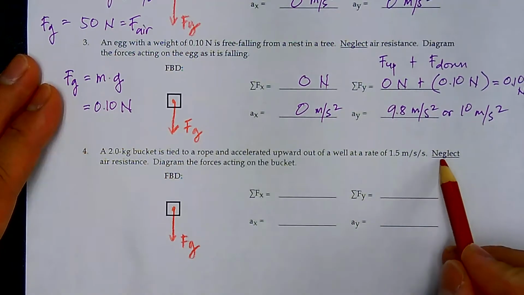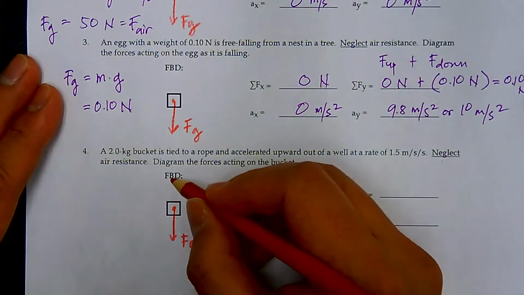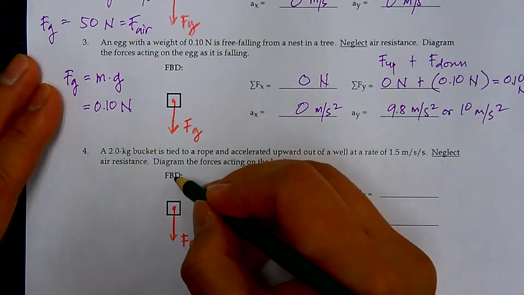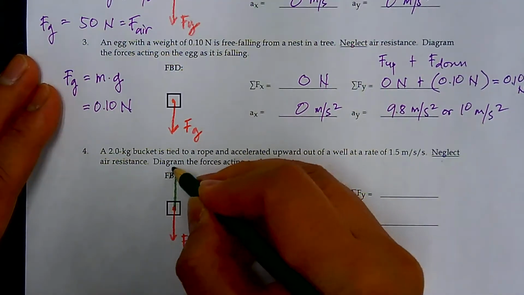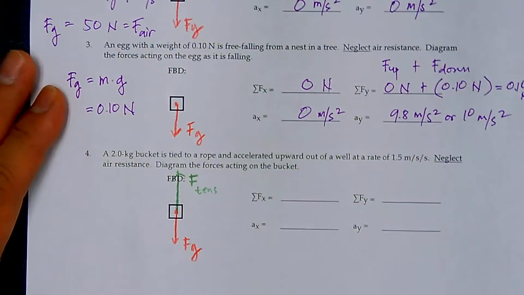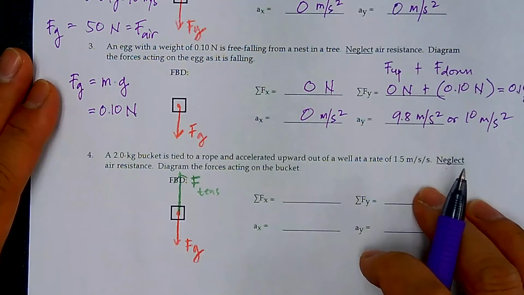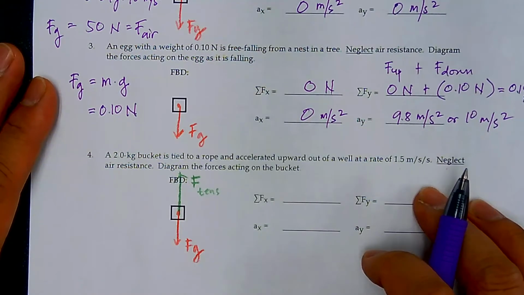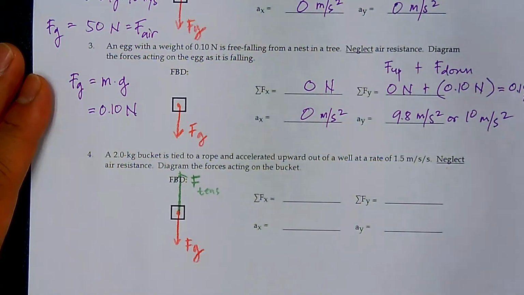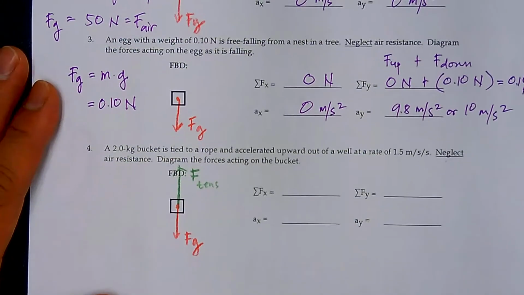We're going to ignore air resistance, so we will just have a tension. Since it's going up, our tension will be a little bit longer than the force of gravity. So we're going to find that tension, by multiplying by the mass.